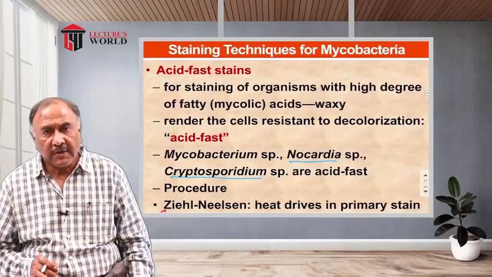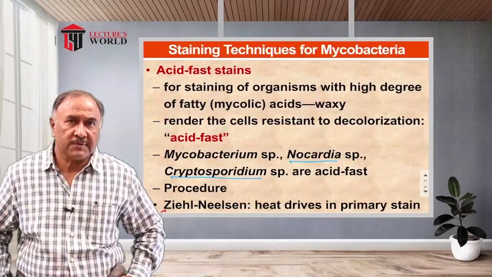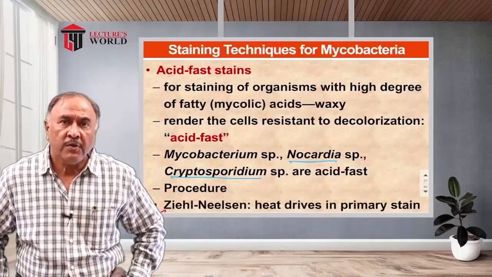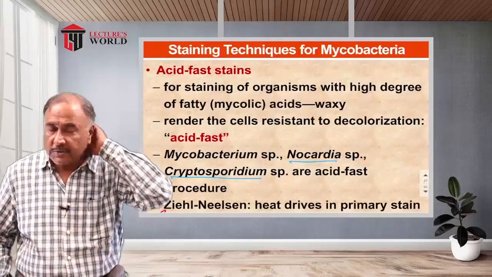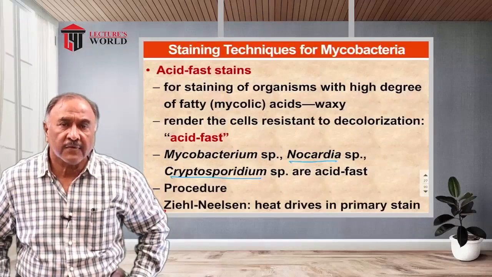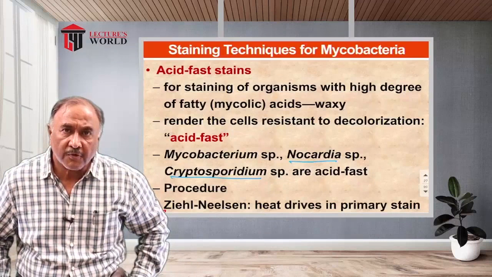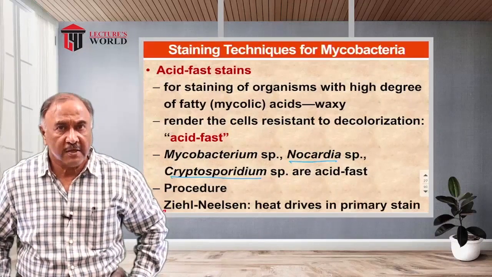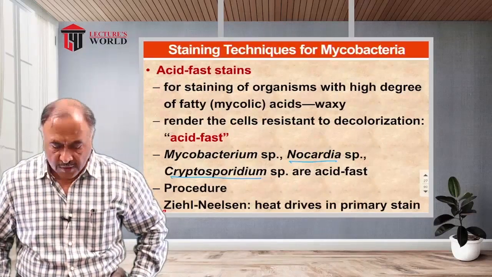Then we have a special staining technique for mycobacteria, that is acid-fast staining procedures. These acid-fast staining procedures are basically used for staining the organisms by a strong stain like ZNCF, that is Ziehl-Neelsen carbol fuchsin, that is use of basic fuchsin together with phenol and heat. Alcohol is also used for dissolving this stain.